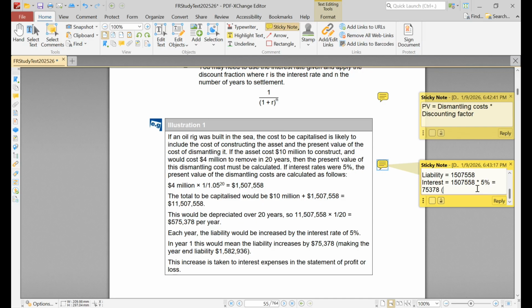This would be expensed in P&L. And then next, the liability would be increased. So the liability at year end would be this present value plus interest. This would make it 1,582,936.